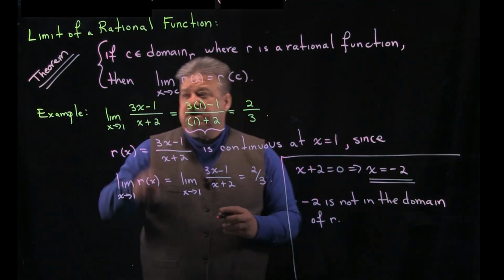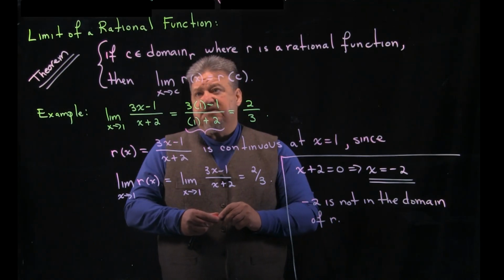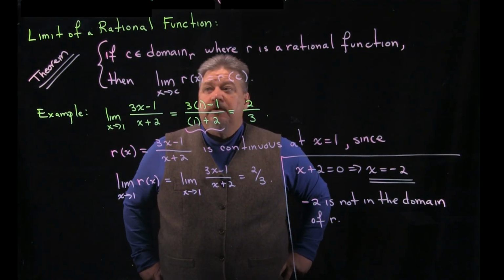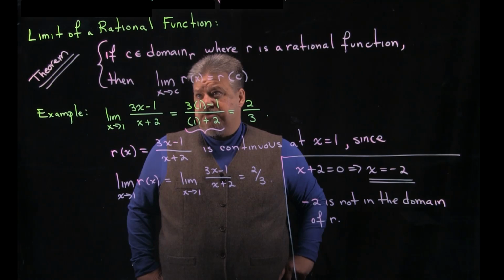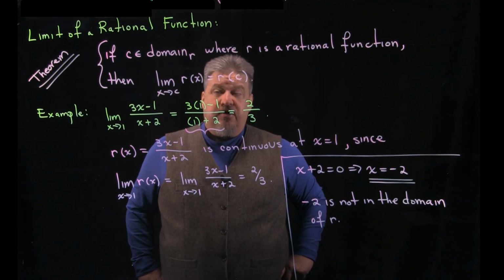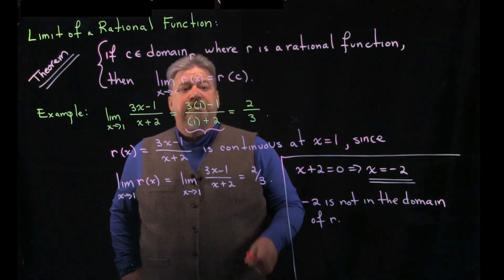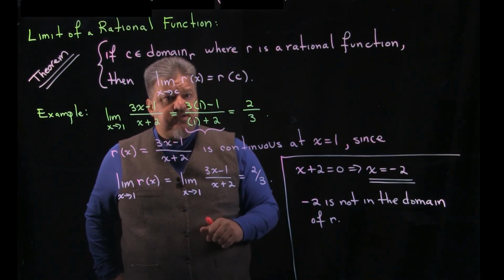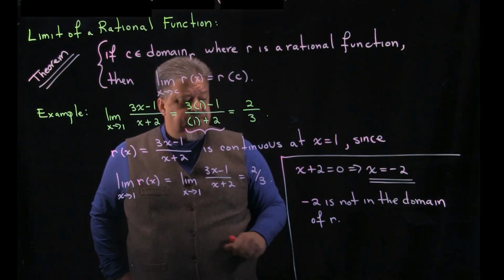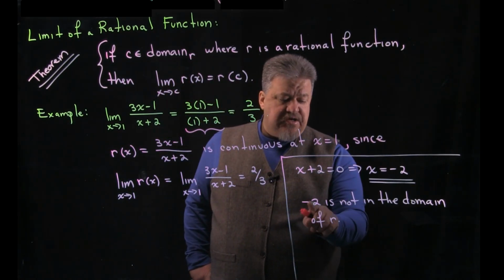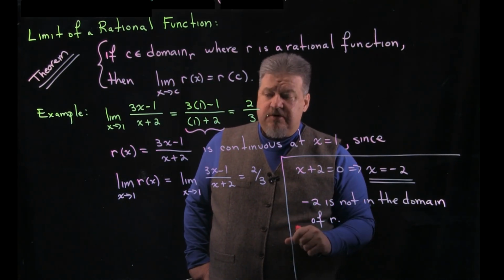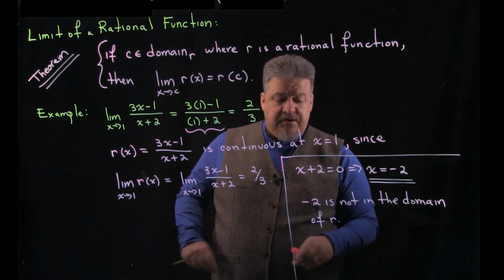Okay, now this theorem doesn't say what happens if C is not in the domain of R. Rather, it just says what happens when C is in the domain of R, and that's important to note. So if C is in the domain of R, basically this theorem says R is continuous there, namely the limit can be evaluated by plugging in. Now if C is not in the domain, we don't know anything about the limit, okay?